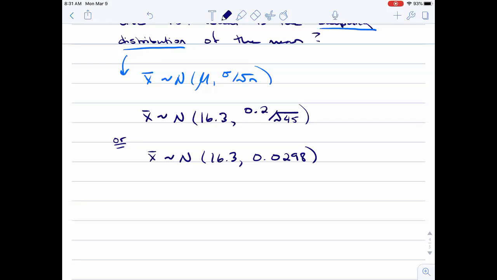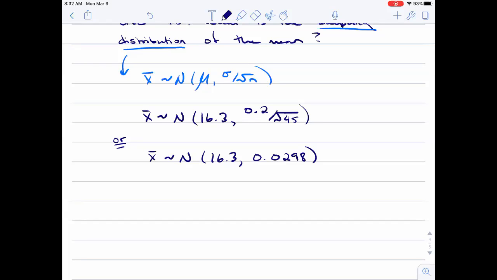But what's kind of cool is, ignoring that this is about X bar, we know what this looks like, right? It's centered on the same thing as the individual observations, but our spread is quite a bit less.